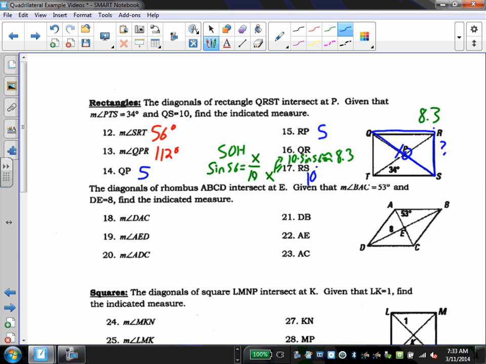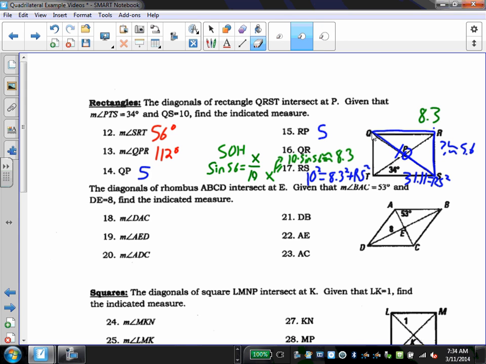We'll just set up 10 squared, that's the hypotenuse, equals 8.3 squared plus our missing side, RS squared. 10 squared is 100, and we're going to subtract 8.3 squared from that. That gives us about 31.11 equals RS squared. So we'll take the square root of that answer, and we find out that RS is about 5.6 in length.